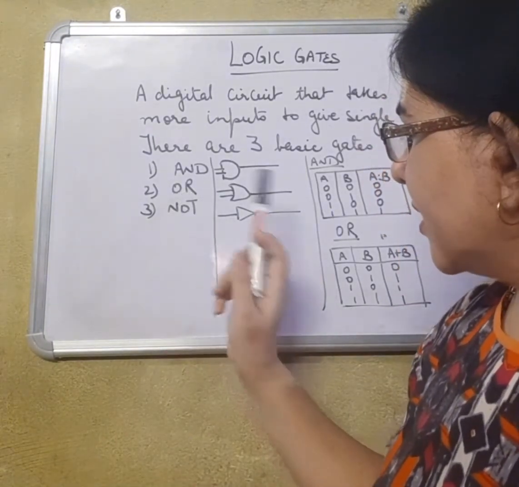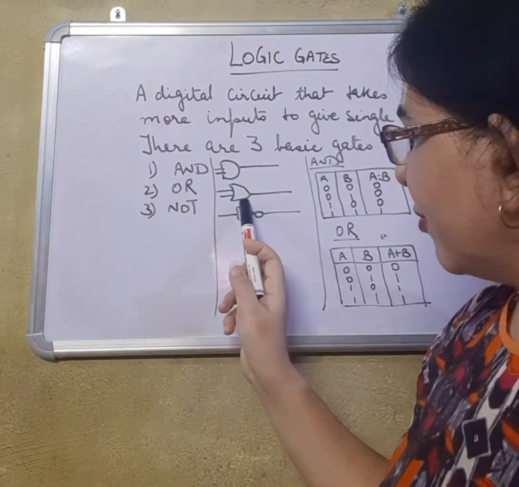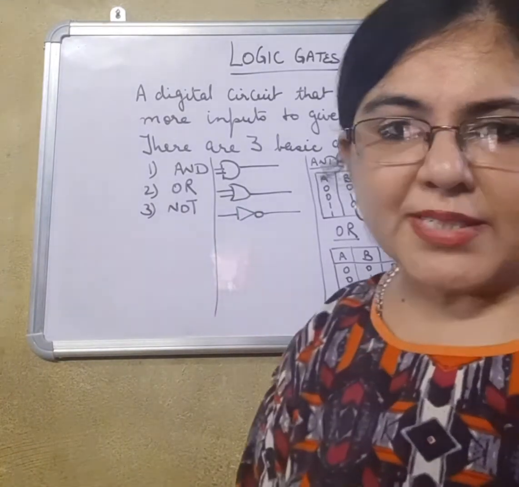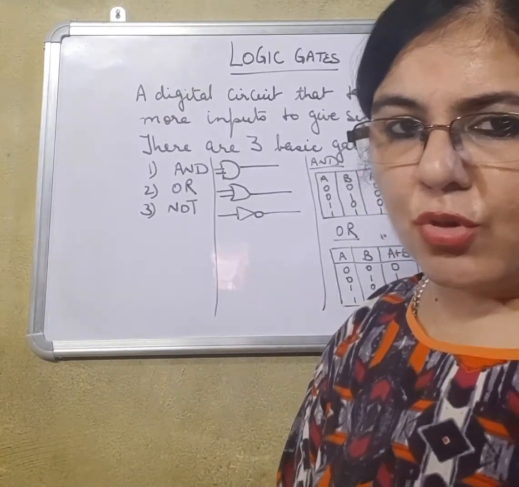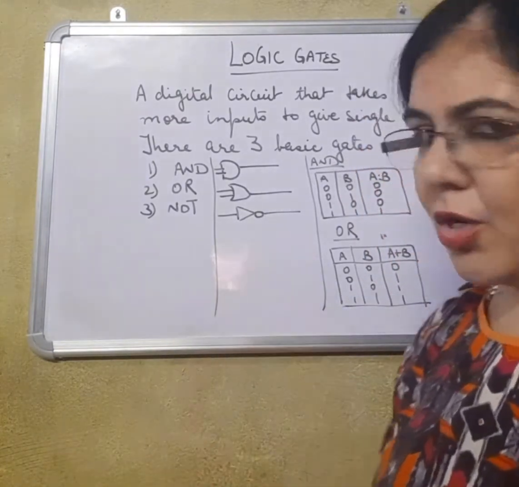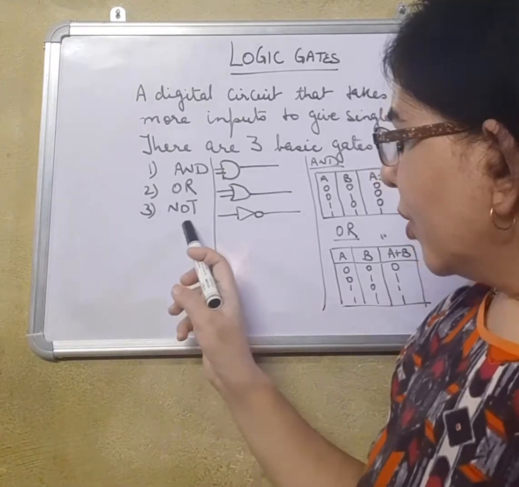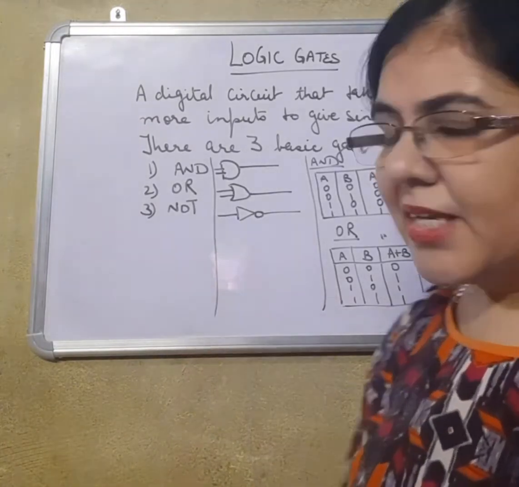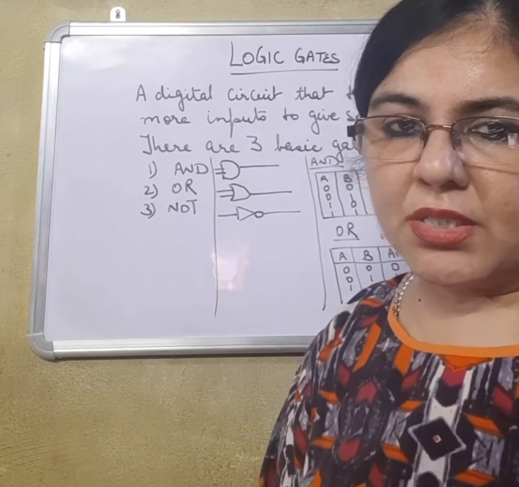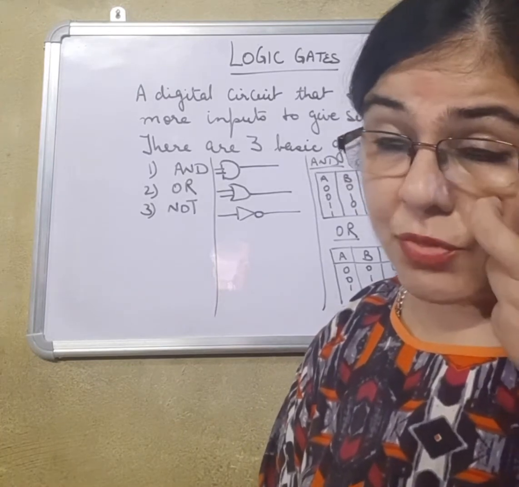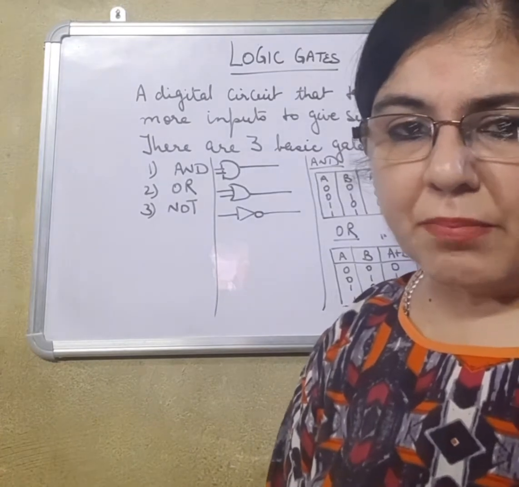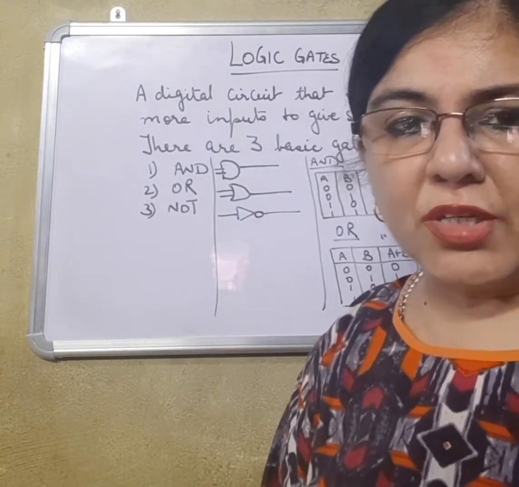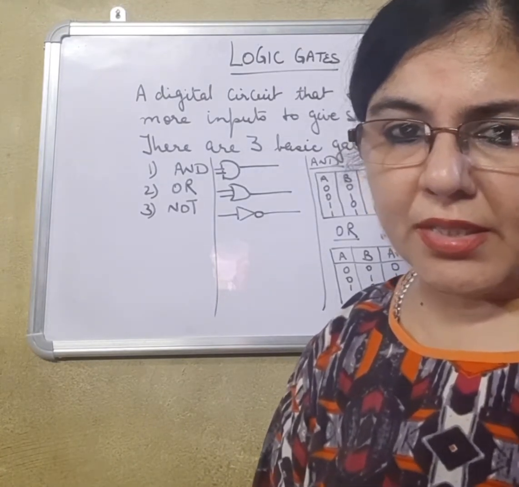Then OR gate, this is the shape of it. It also requires at least two inputs. It can take more than two inputs also, and it gives a single output. NOT is also said to be inverter. As we have inverters at our homes, when the light supply is coming at our homes, the inverter does not activate at that time.